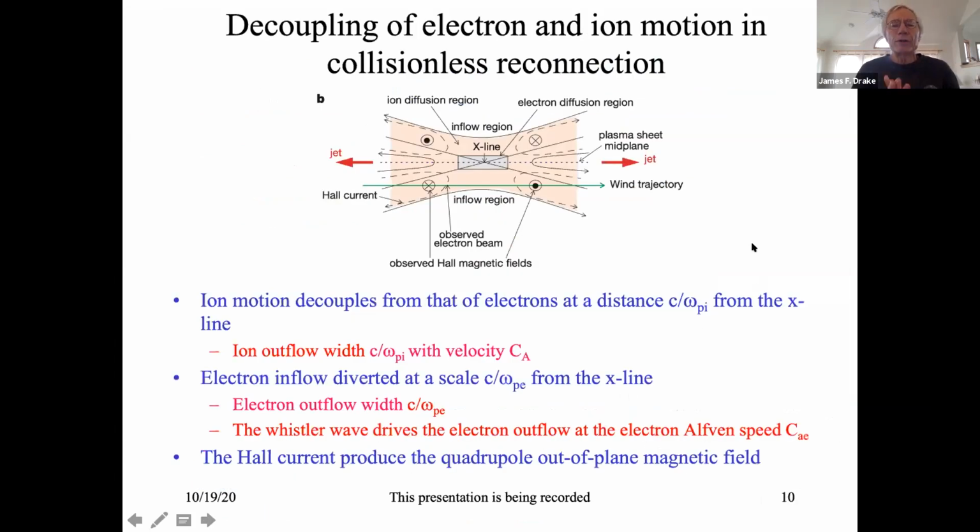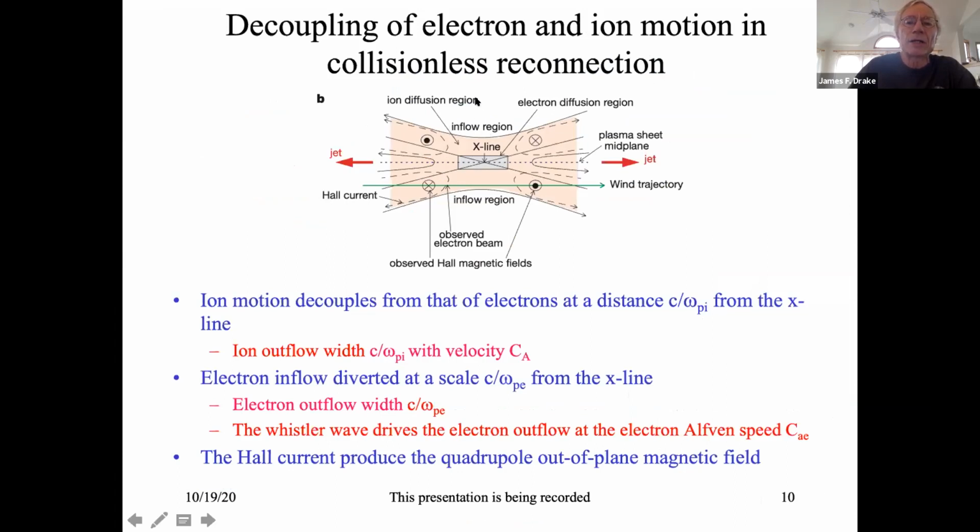Okay, so an important development in the understanding of reconnection had to do with exploring the structure of the diffusion region where reconnection takes place. Here's the X line, and here is the decoupling of electron and ion motion in collisionless reconnection.